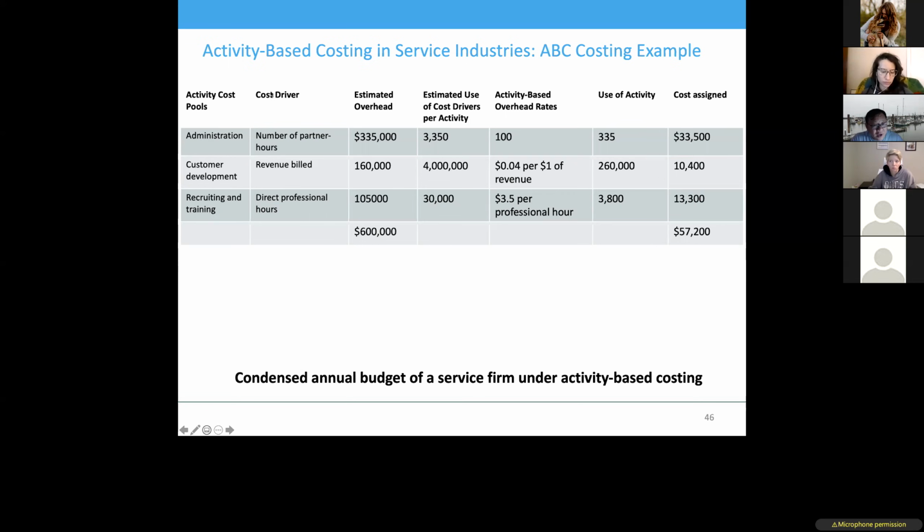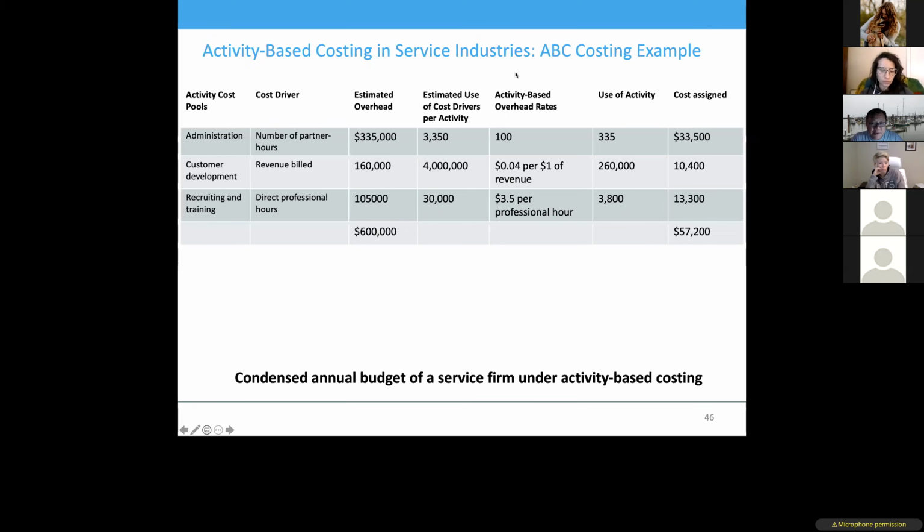They also identified the cost driver for each activity: number of partner hours, revenue billed, and direct professional hours. Then they allocate the total overhead, 600,000, into the 3 cost pools, and estimate the use of the cost driver for each pool.